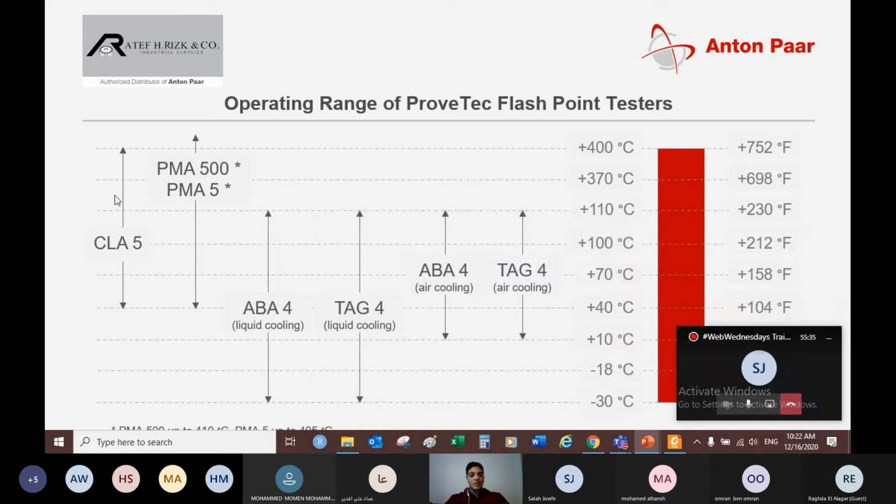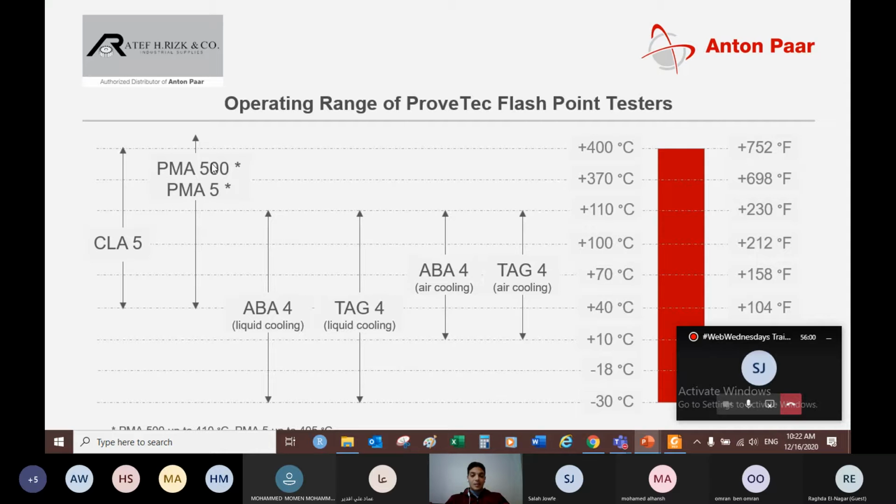The first one is the CLA5. All of these instruments are fully automatic, and this CLA5 instrument is used for the Cleveland flashpoint testing for open cup tests, and it measures both the flash and fire points in the range of 40 Celsius up to 400 Celsius.